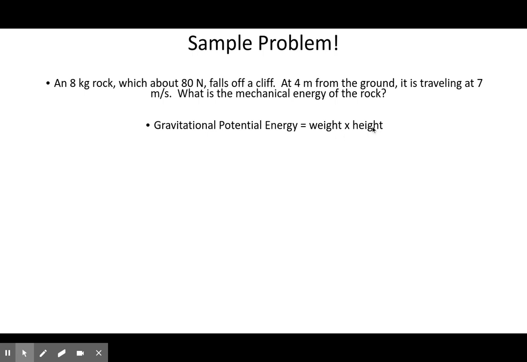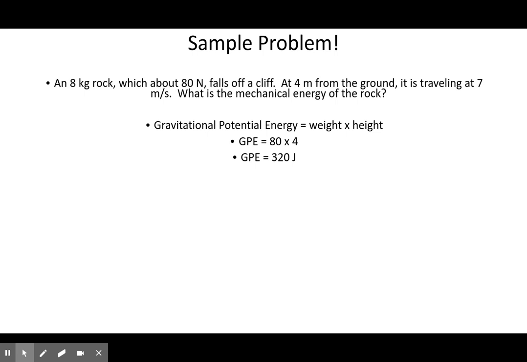For our height, we can see that it is 4 meters off of the ground, and so we're going to use that. So for GPE, for weight times height, we are going to use the 80 for the weight, because newtons is weight, and we are going to use the height of 4. And that means that our GPE is 320 joules.